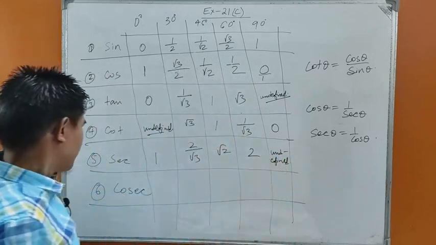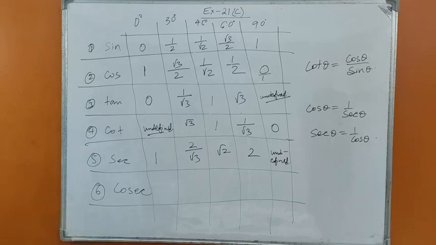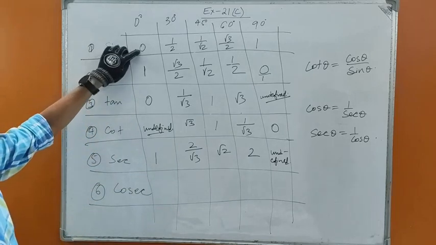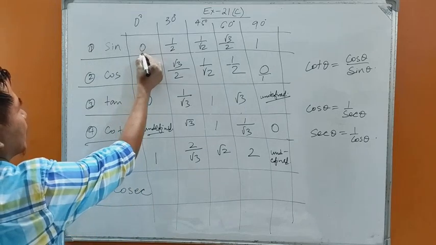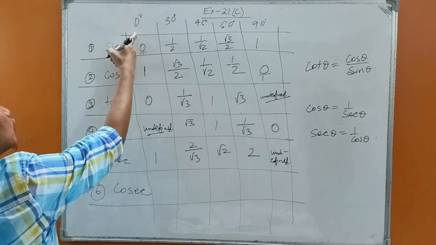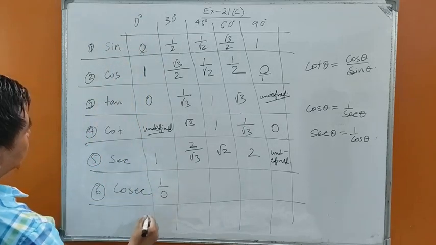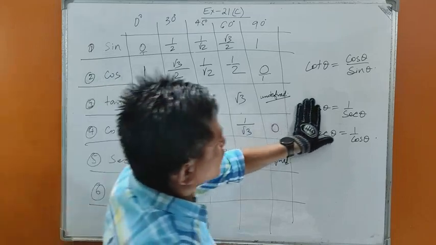Undefined. Now let us write the value of cosec. Cosec is just the opposite of sine. So here we can see 0. So 0 means there is 1 in the denominator. 1 goes to the numerator and 0 comes down to the denominator. Sine and cosec are the opposite of each other, isn't it?